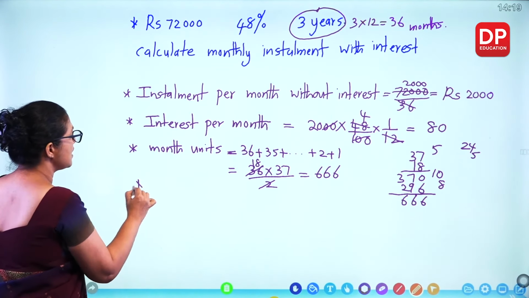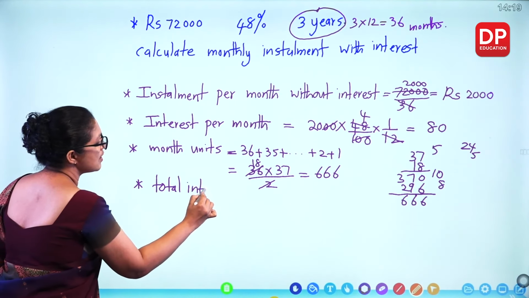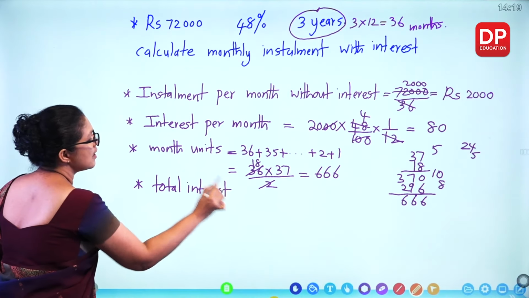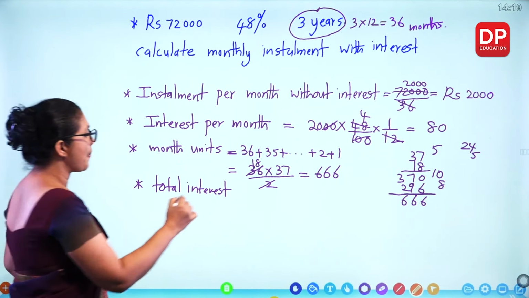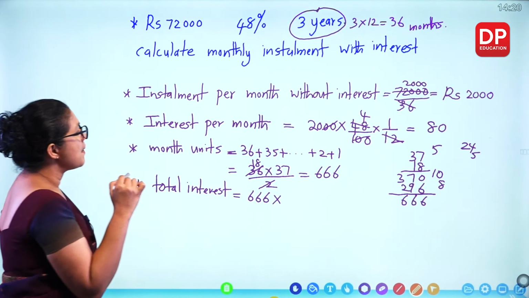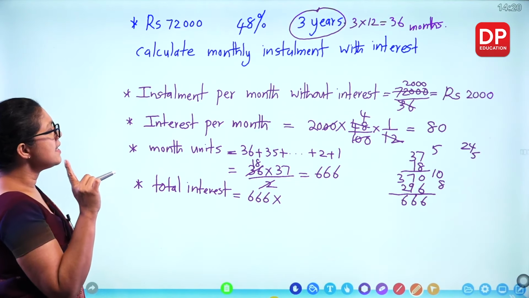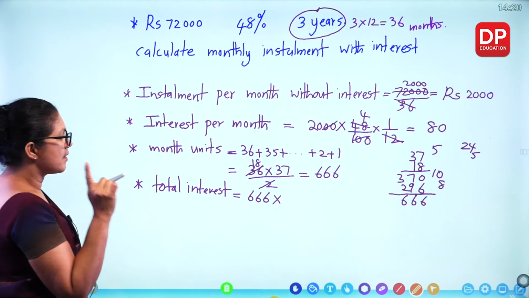So what's the total interest you have to pay? 666 multiplied by 80. 80 is the interest per month.